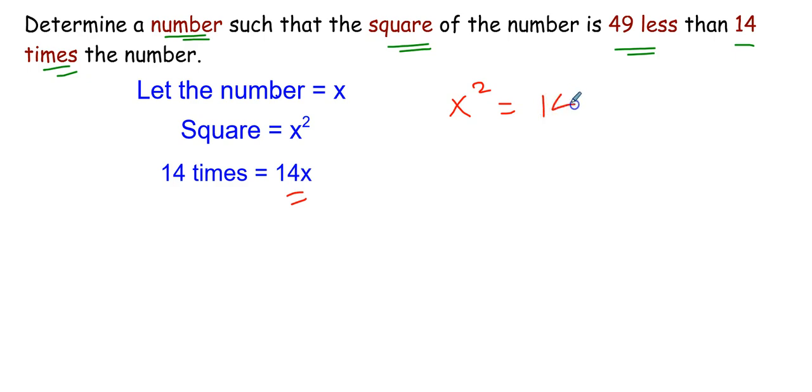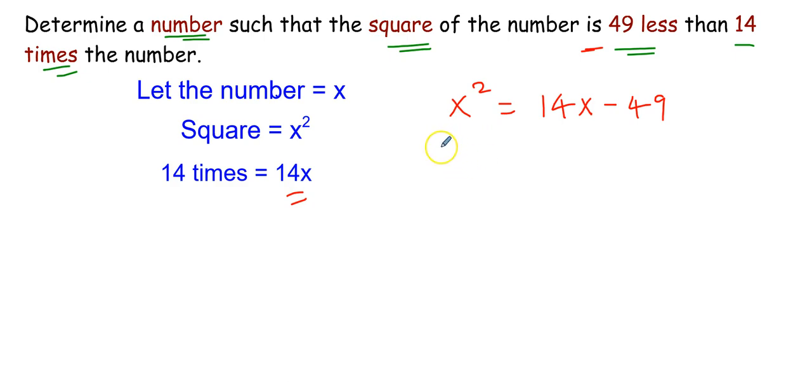So I write 14x as my first term, and from that I'll take away 49. So the square of the number is equal to 49 taken away from 14x, right? Mathematically, this is the equation you have obtained from the given statement.